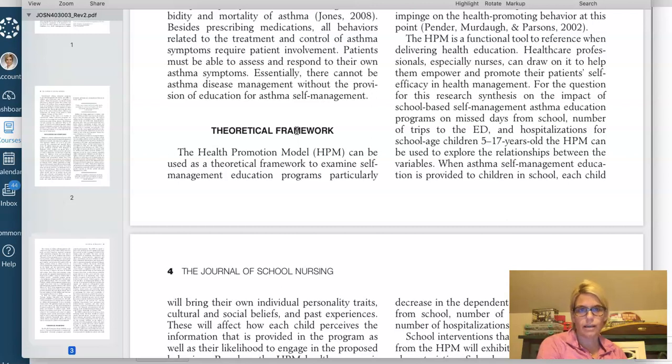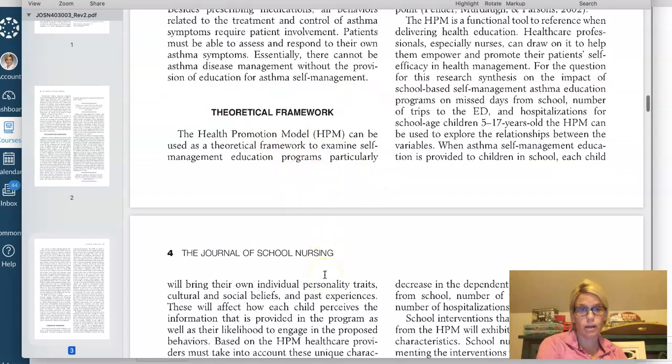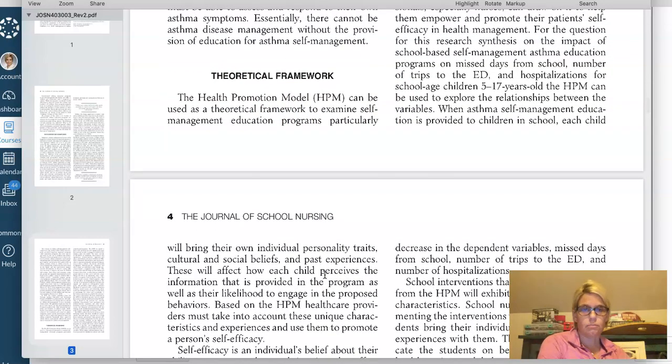Of course, it all has to do with money. So then they have to decide what needs to be deleted. What can they do without? Unfortunately, that is often the theoretical framework when we're talking about review papers. So you may not find too many other examples of how the theoretical framework is written, because often they're deleted just because of the word limits and the page limits.